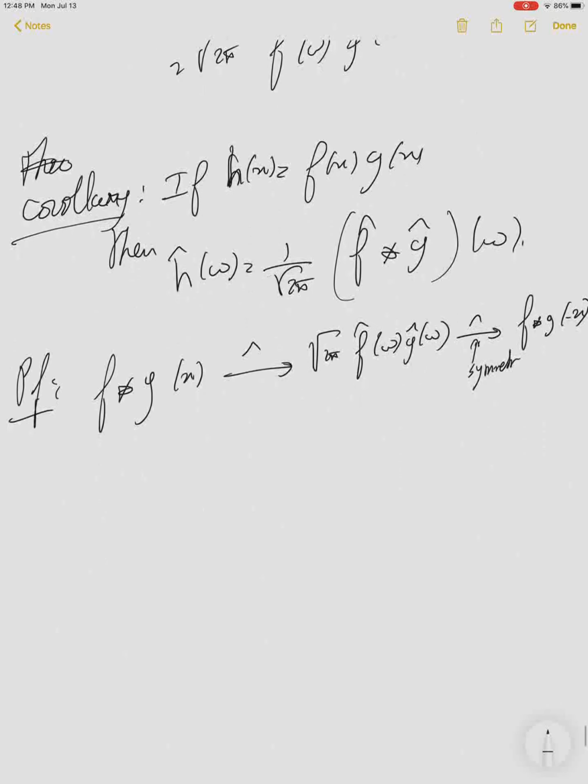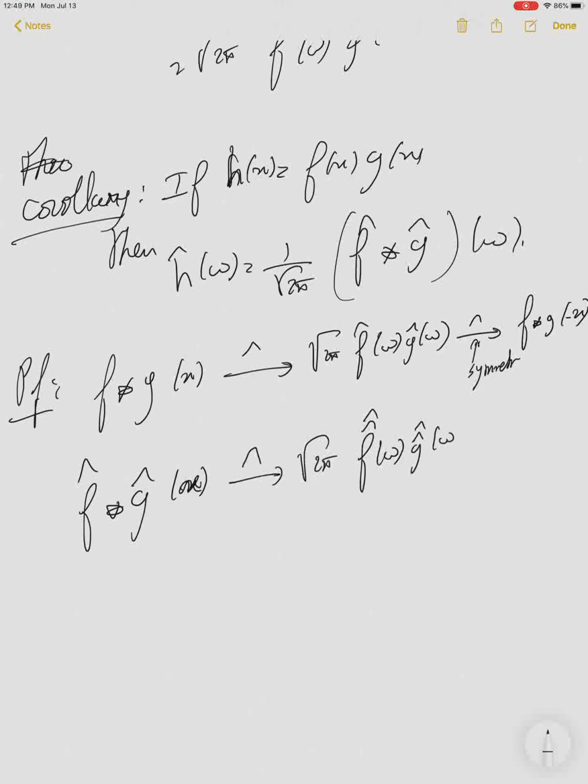So if I start with f hat convolve with g hat at x, and I apply Fourier transform, I get square root of 2 pi f hat hat of omega g hat hat of omega. And if I apply Fourier again, I get f hat convolve with g hat at minus x.